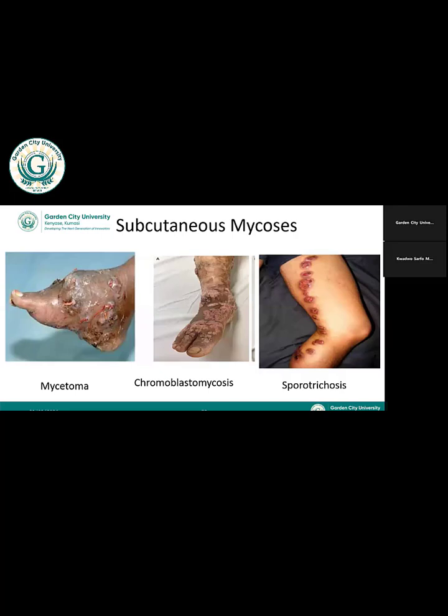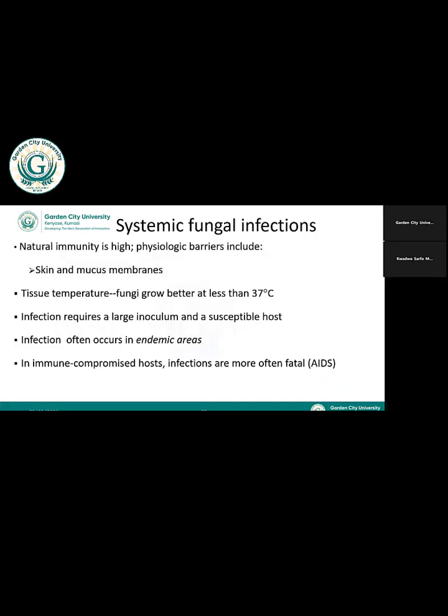Because to other sites, the immune system will try to fight them, and if they're able to break the barriers, then they spread to all sides. And fungi grow better around 37 degrees Celsius, which favors them in the human host. And for systemic infections, they need to multiply in large numbers. So the infectious dose is usually high for systemic fungal infections.